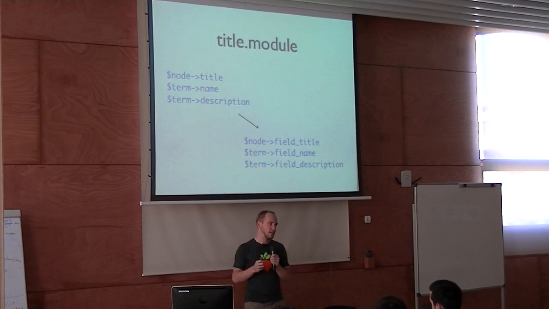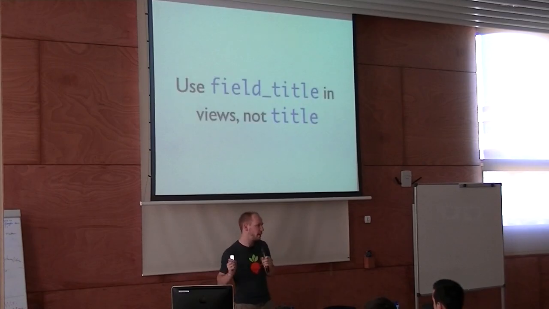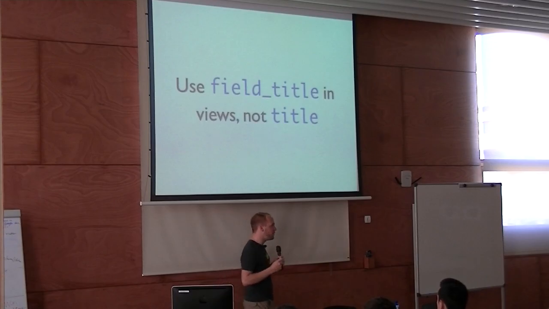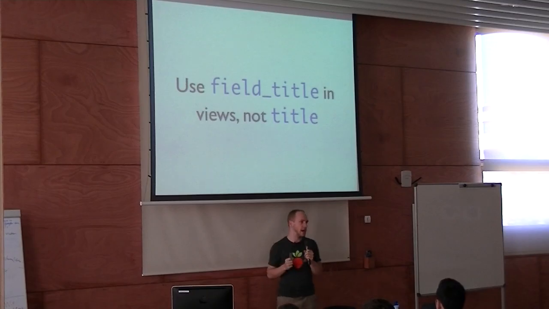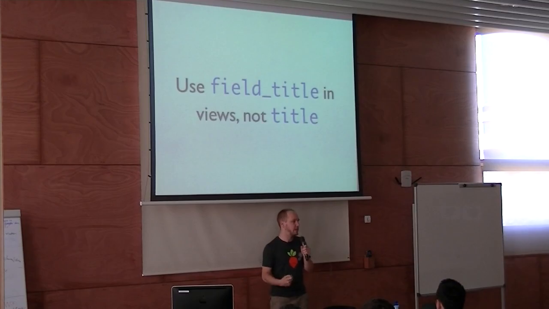But there's one case where it doesn't really work, and I want to dedicate one slide to this because we've done a good amount of coaching, of helping other people get up to speed with entity translation. And this is the part where everybody spends a couple hours saying, oh, my listing of nodes. I just have a listing of node titles and it's not getting translated.